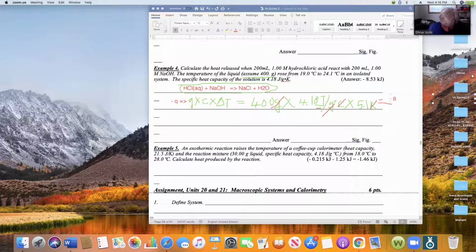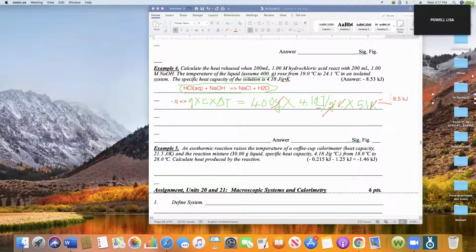So 8.5 times 10 to the power of 3. I'm going to make it kilojoules instead of joules, so I don't have to write that. There we go, 8.5 kilojoules.